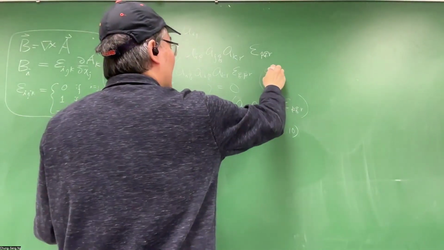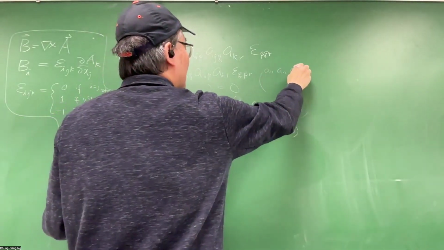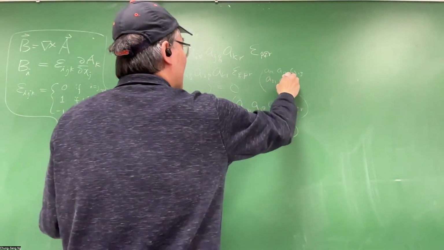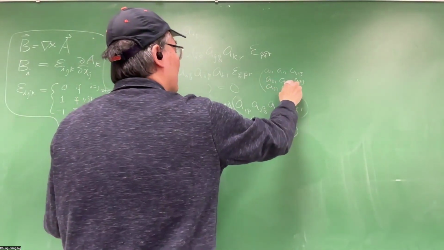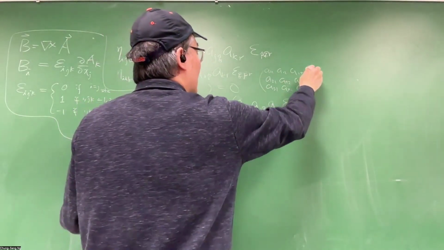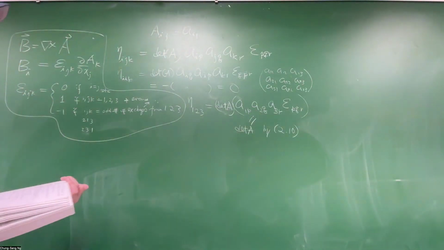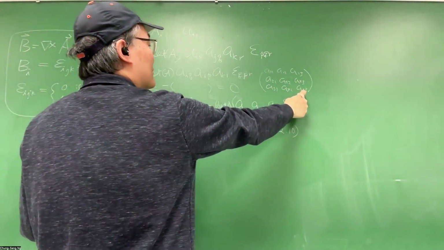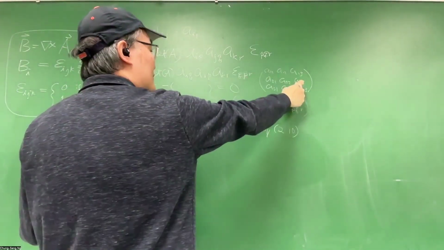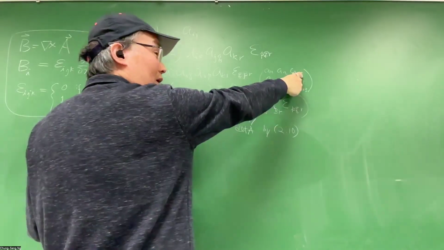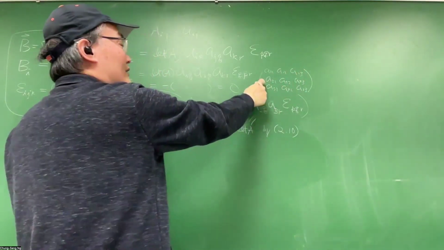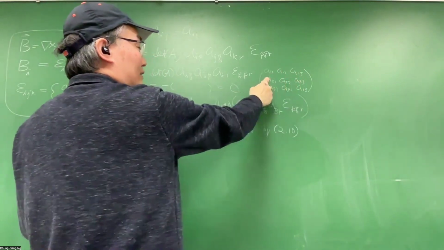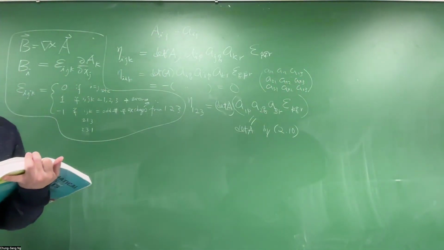So you have A11, A12, A13, A21, A22, A23, A31, A32, A33. Right? You know the determinant is this times this times this is positive, this times this times this is positive, this times this times this is positive, and the other way around, this times this times this is negative, this times this times this is negative, this times this times this is negative, right?